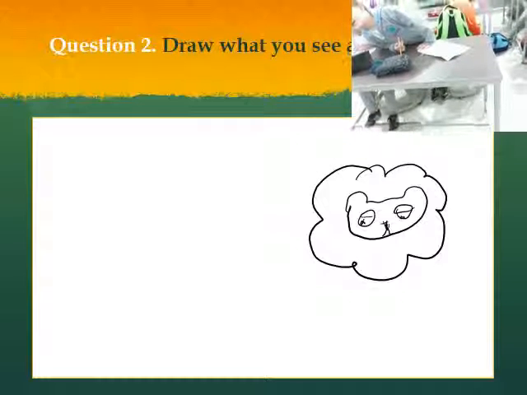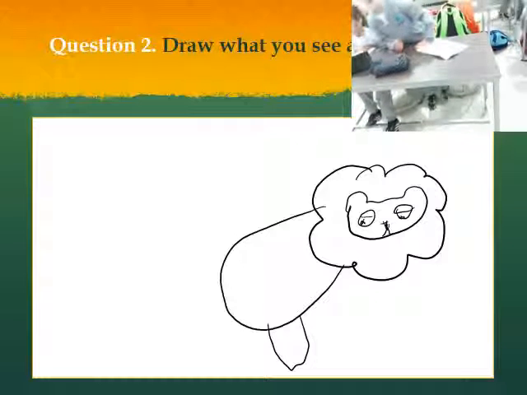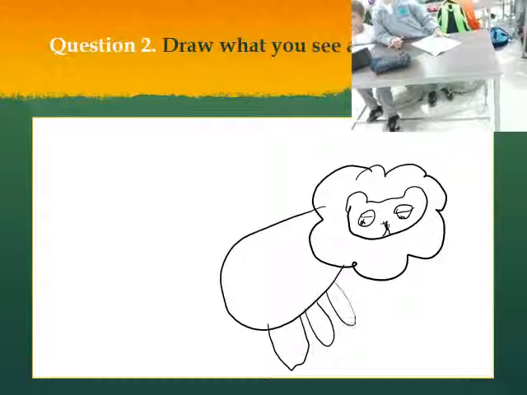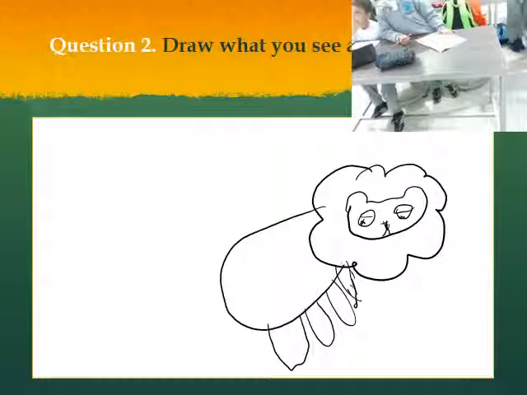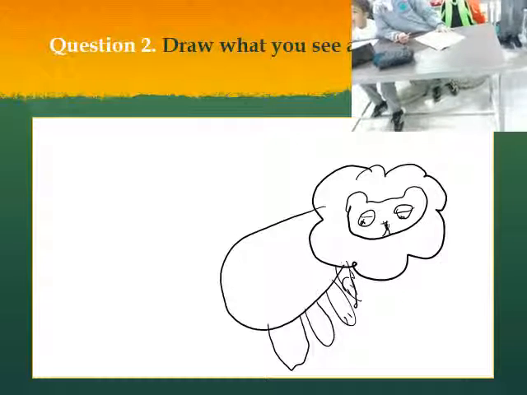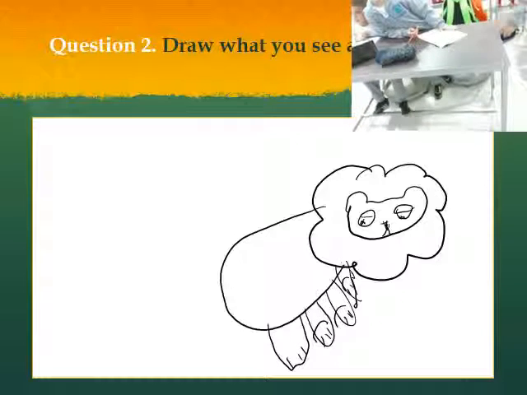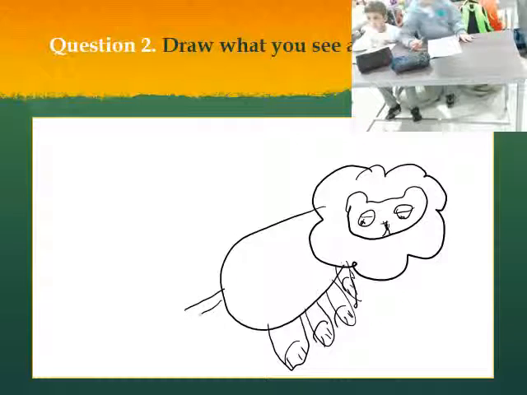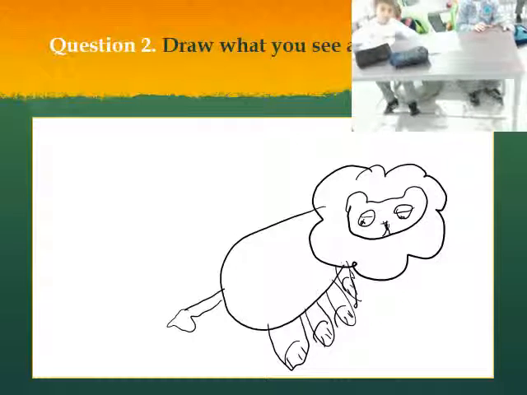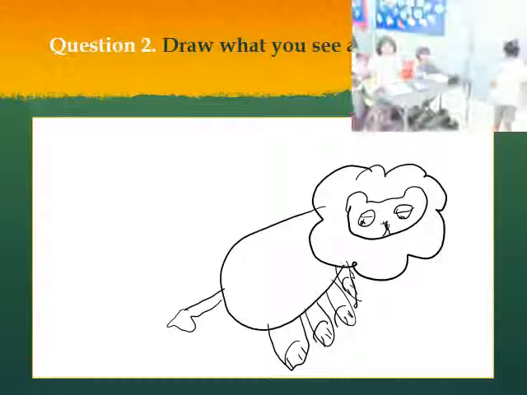Wow, very nice drawing. Okay, where's the tail? You're going to add it? Wow, thank you, Selena. Very good.